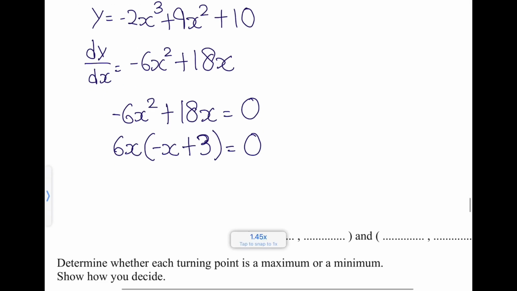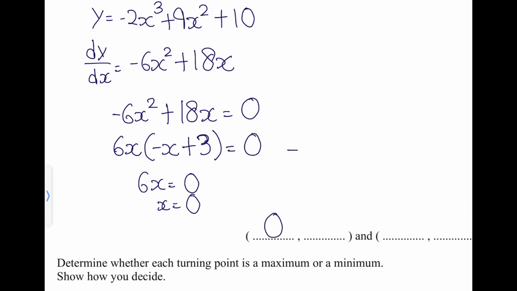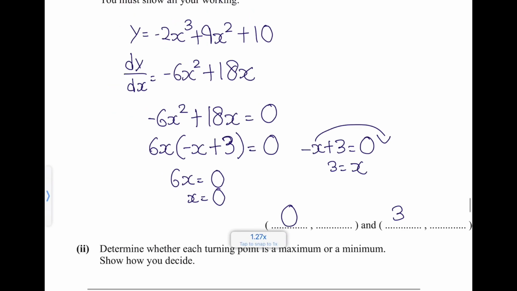So either 6x is 0, in which case x is 0, so one value of x is 0. Another value is that negative x plus 3 is 0. If you take x to this side, 3 will be equal to x, because negative 3 plus 3 is 0. So we got these points.